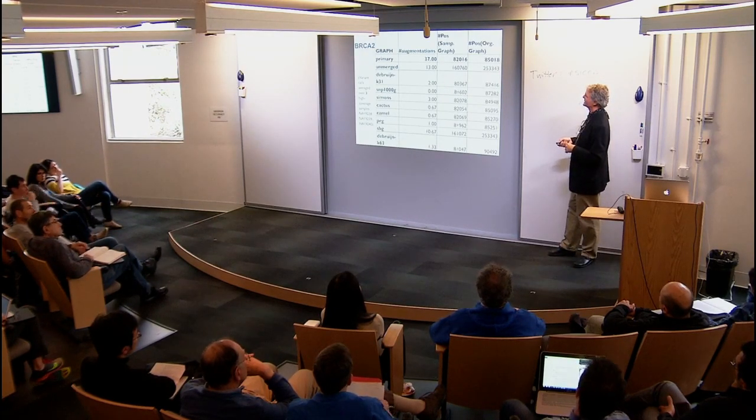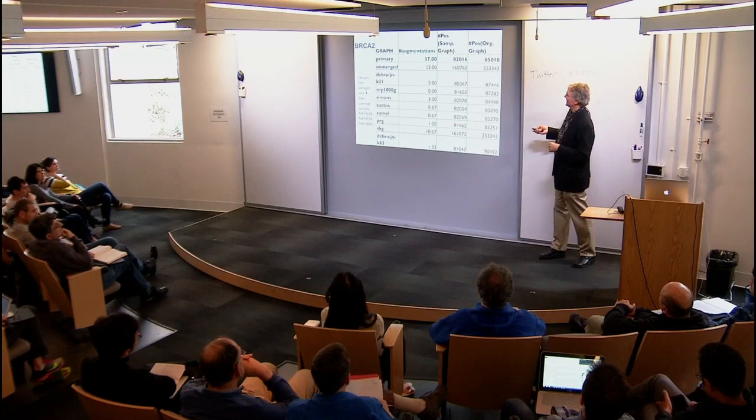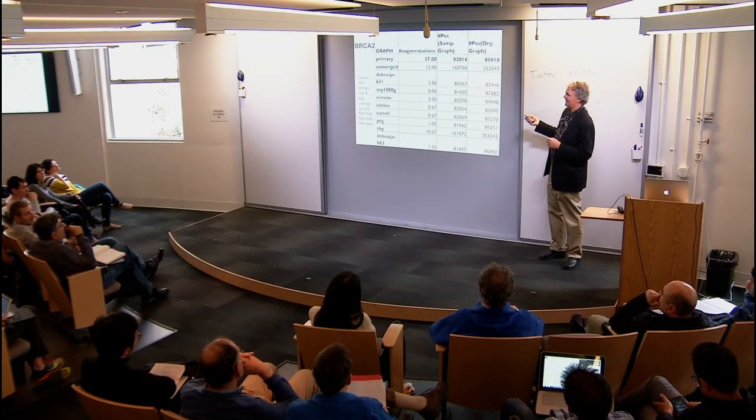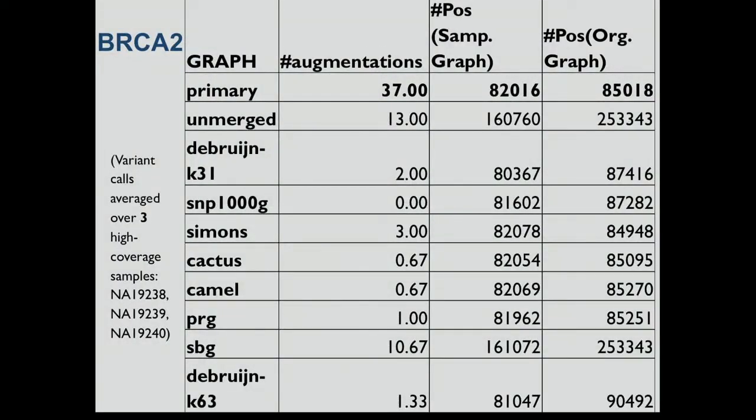Okay, so let's look at this. Now we're counting. The key term here is number of augmentations. So this is how many times in my new genome, which normally wasn't part of my training set, except for some of the graphs like SNP1000G, we tested it, on these particular genomes, and they actually were included in SNP1000G.